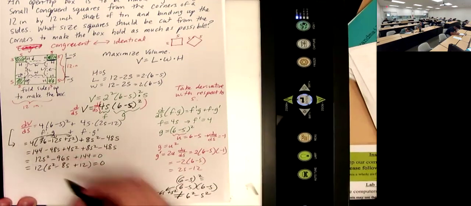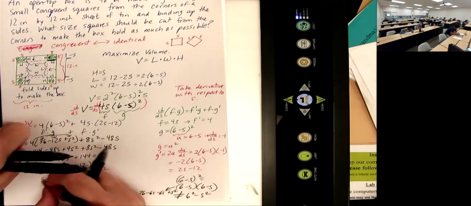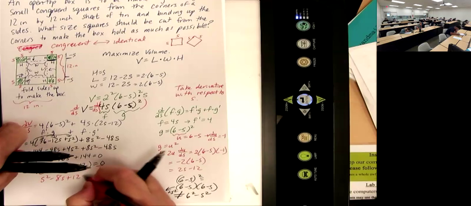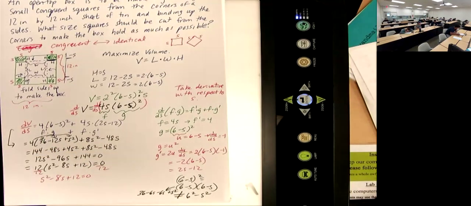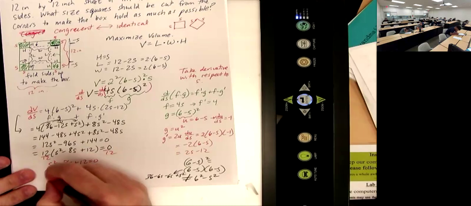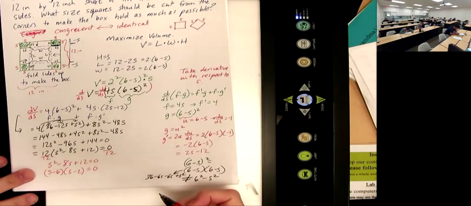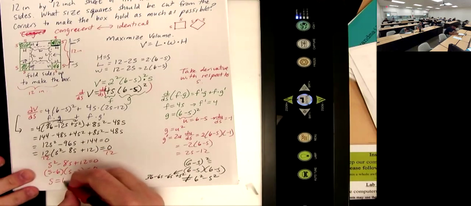And if we divide by 12, that goes away, and this problem gets a lot easier. This factors: s minus 6 times s minus 2. So s equals 6 or 2.